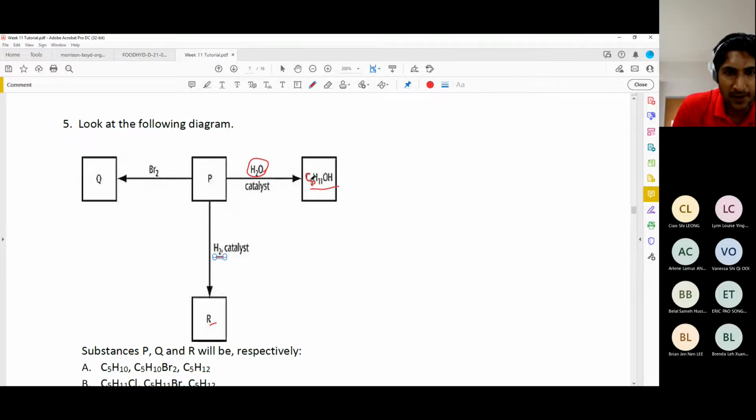If 5 carbons, then what could be the backbone? Methane, ethane, propane, C3, butane C4, and C5 is pentane. So P cannot be a pentane. It should be something that takes up water vapor in the presence of a catalyst to produce hydroxyl, so there should be a double bond there.